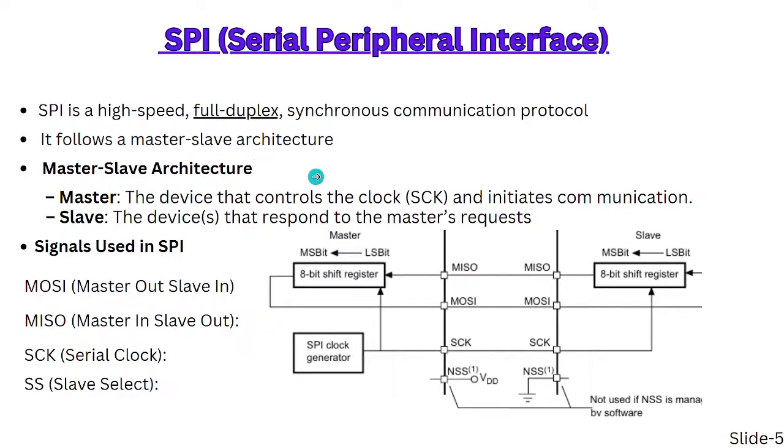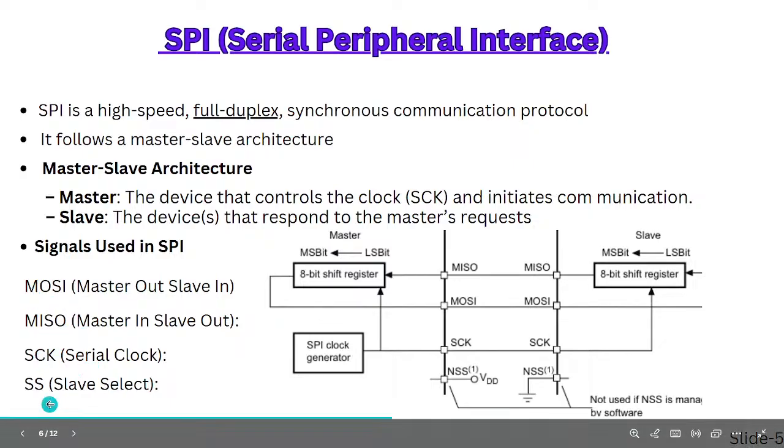It follows the master slave architecture. One is the master device, another is the slave device, so that's why the name is master slave architecture. The master is the device that controls and initializes the communication, and the slave responds to the master device. Now we see the four pins we can use: master out serial in, master in serial out, serial clock, and chip select.